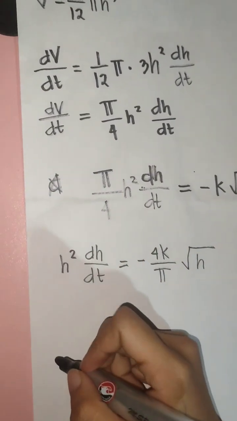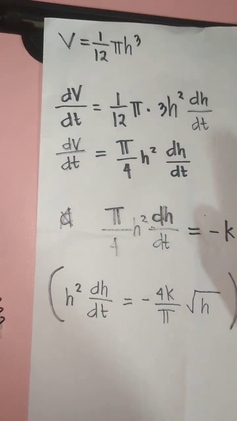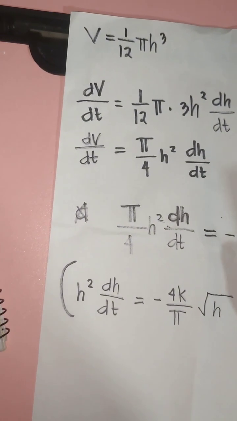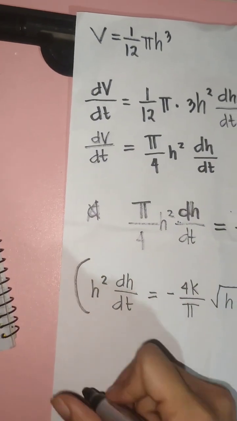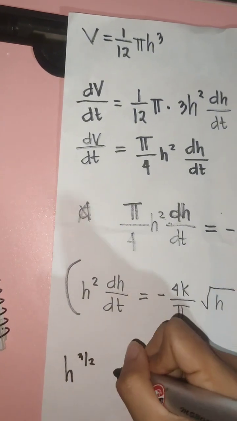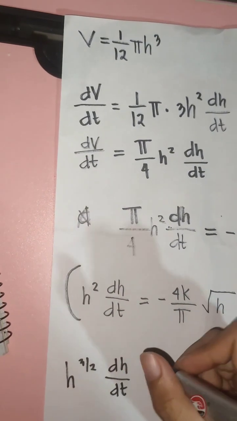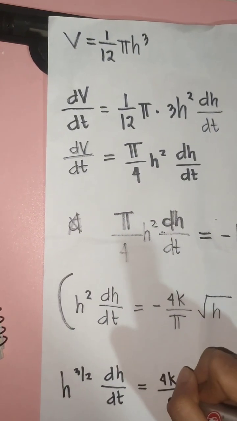Then we divide both sides by h to the 3 halves, since h is greater than 0.